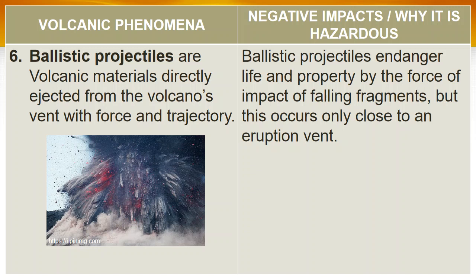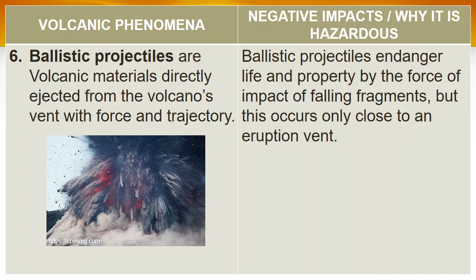Okay, so for the last volcanic hazard, we have the ballistic projectiles. These are volcanic materials directly ejected from the volcano's vent with force and trajectories. As you can see here in the image, that is an example of a ballistic projectile. What are the impacts? Ballistic projectiles endanger life and property by the force of impact of falling fragments, but this occurs only close to an eruption vent.